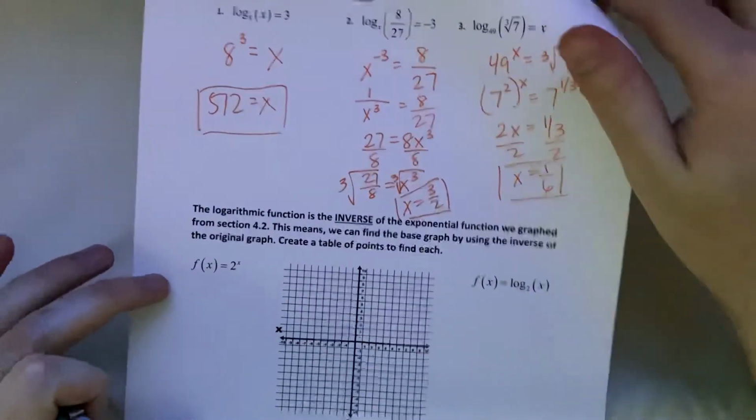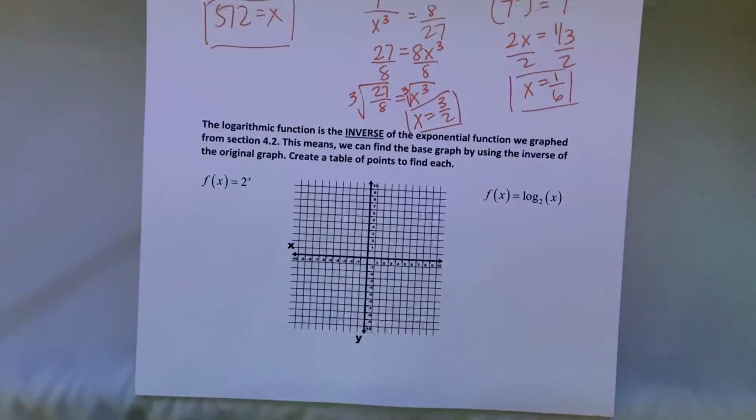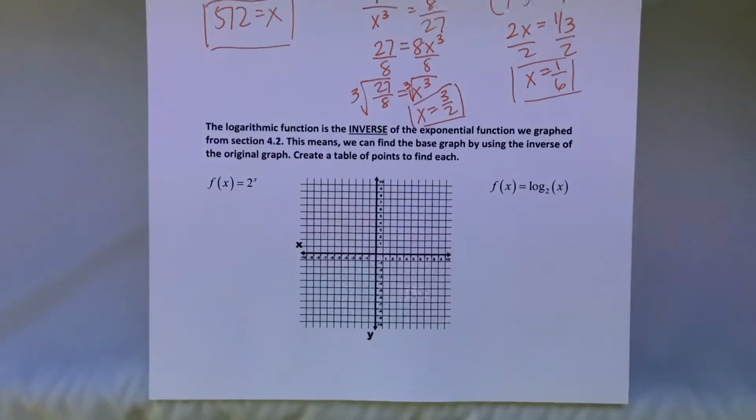Okay, so we talked about what an exponential function looks like in the last section. Logarithms are inverses, so let's remember what an inverse does. It takes the x and y values and it switches them.